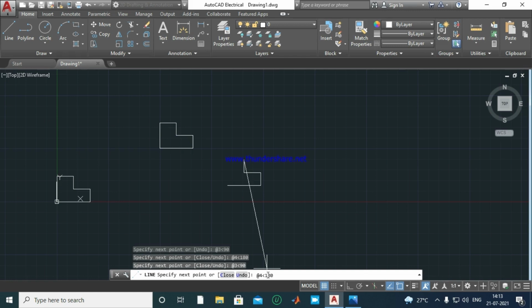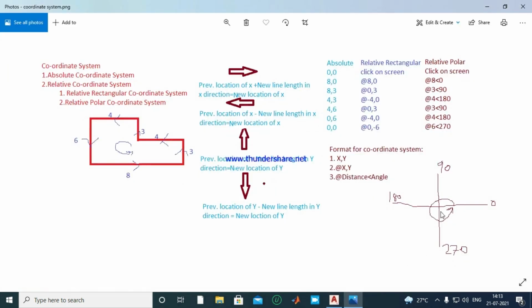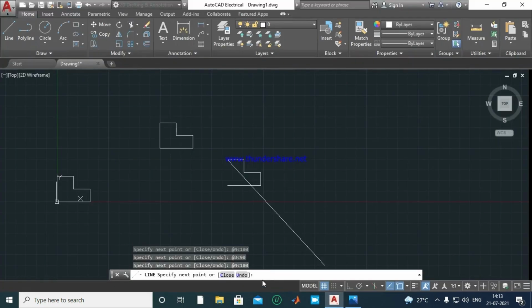So I am giving 180 here. Okay, next I am going to draw the line in downward direction, and that is pointing toward the angle 270 and length is 6. So I will give @ 6, angle is 270.